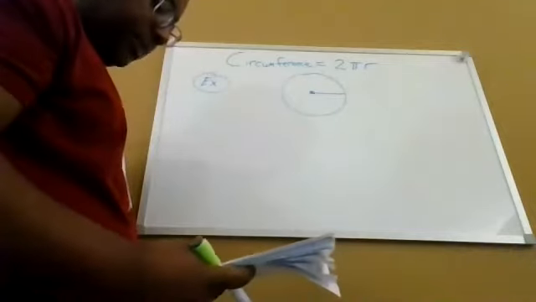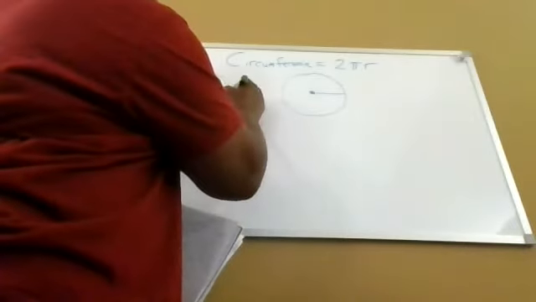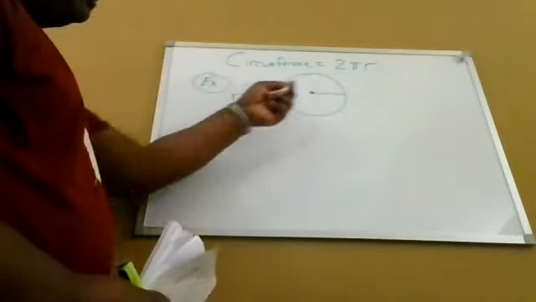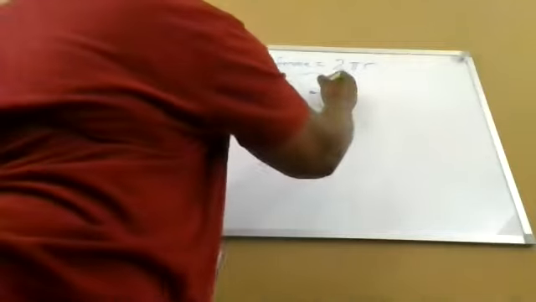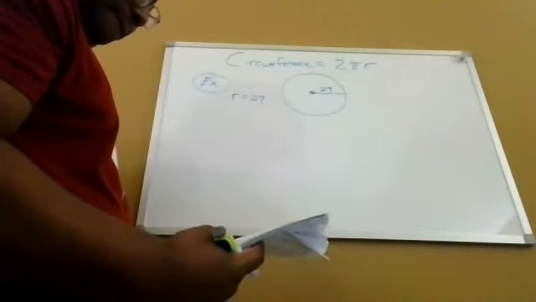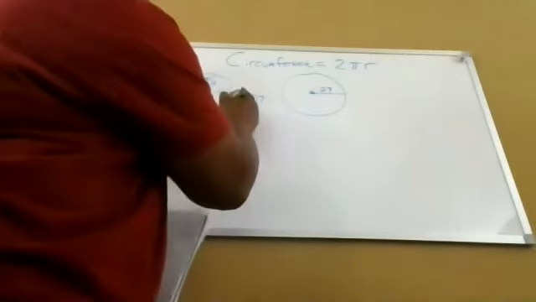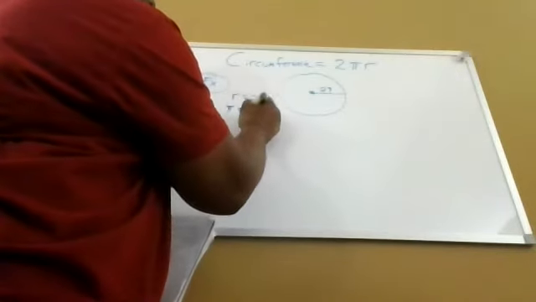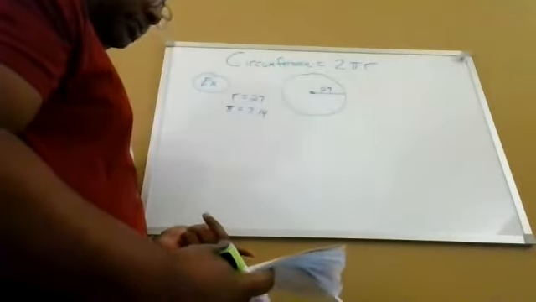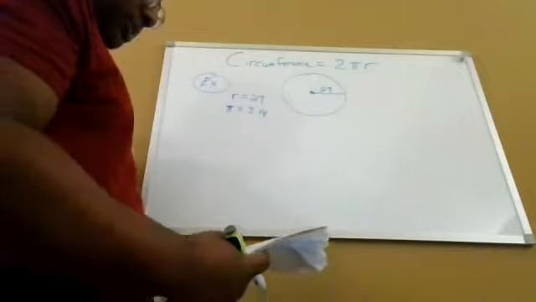So in this example, they tell us that the radius is 27. R equals 27. We can add that to our drawing. They tell us to use pi, that is, pi is equal to 3.14. And so now we write our formula, substitute our numbers in, and then multiply.